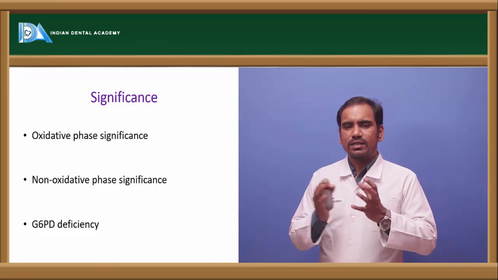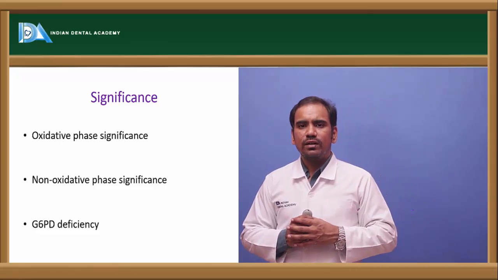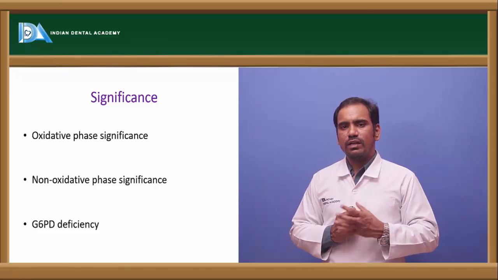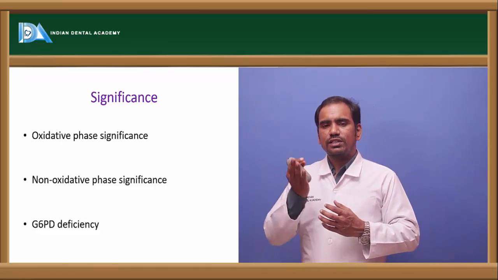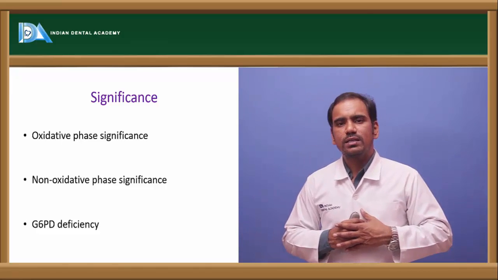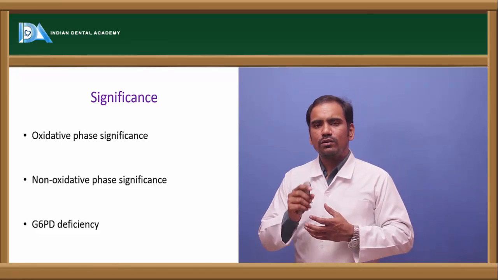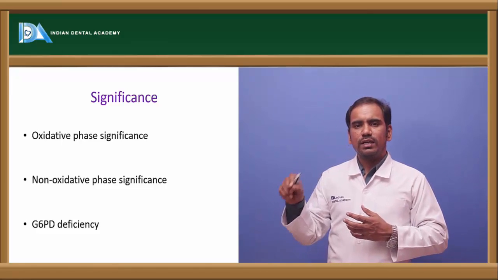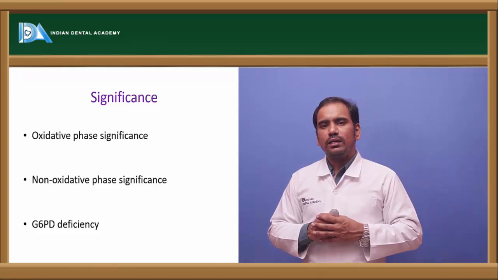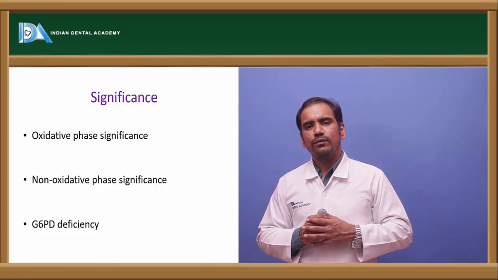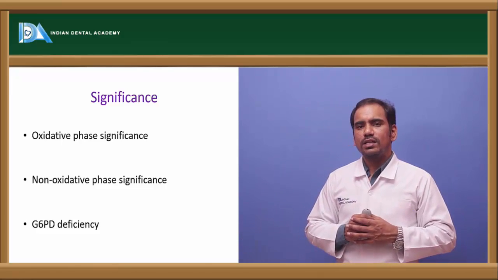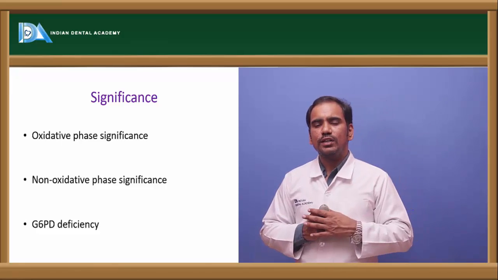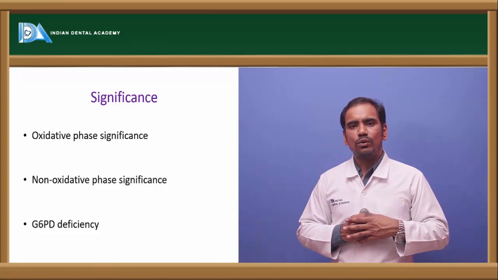The most affected cells are erythrocytes. Whenever NADPH is at low concentration, the concentration of hydrogen peroxide increases in the erythrocytes, and that hydrogen peroxide destroys the RBC membranes and leads to excess lysis of RBCs, which is called hemolysis, and finally leads to anemia. We call it hemolytic anemia.